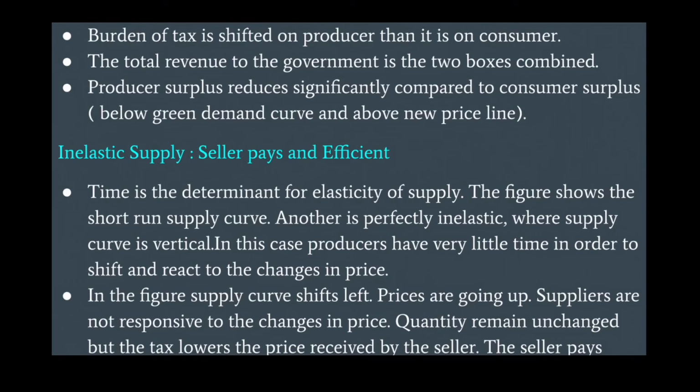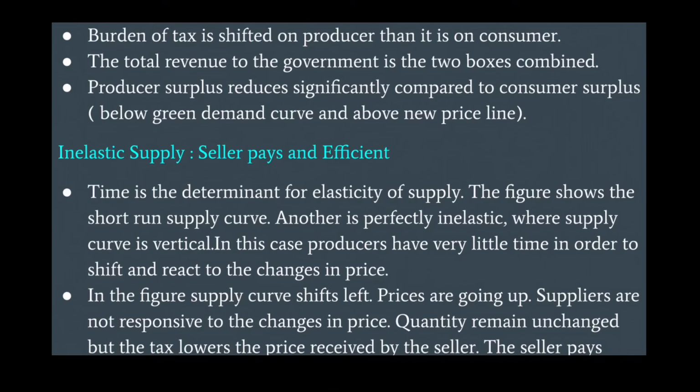The third scenario is inelastic supply, where the seller pays and it is efficient. In the case of inelastic supply, time is a determinant of the elasticity of supply. The figure shows a steeper supply curve. Another case is perfectly inelastic supply, the immediate period where the supply curve is vertical.